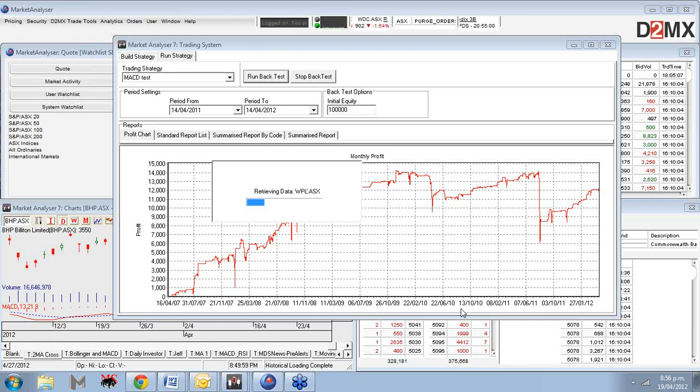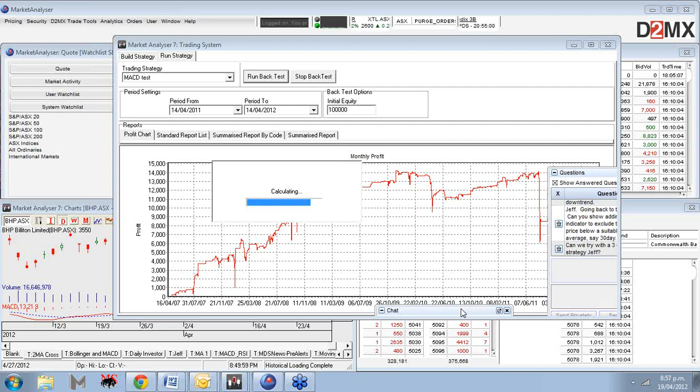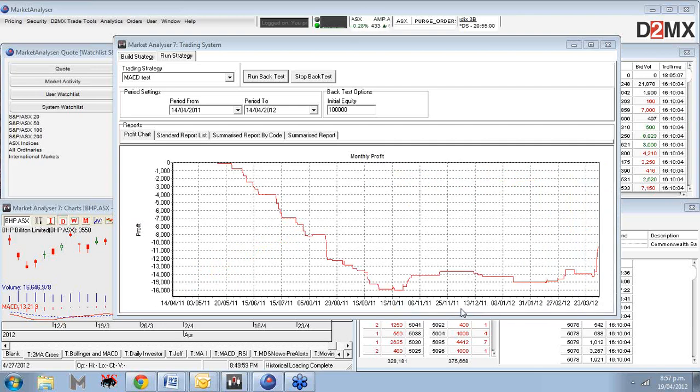There we go, and now it'll bring up the results of that scan. And not looking great.